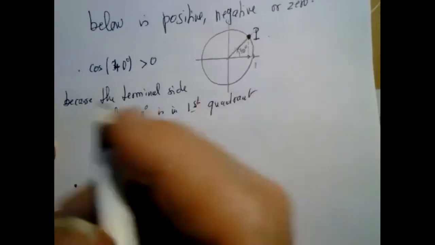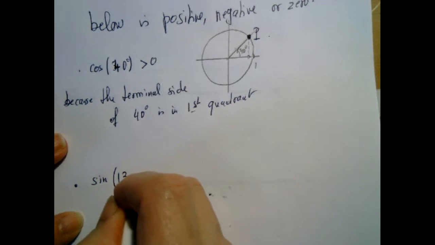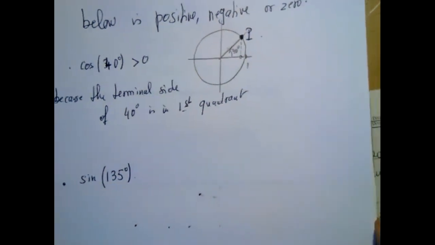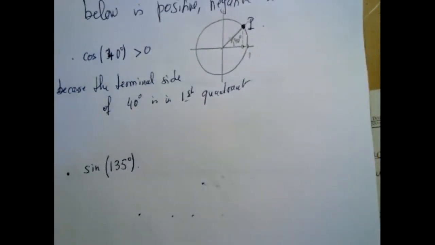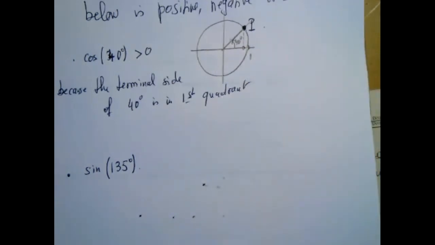Right? So let's take other examples. Let me take sine of 135 degrees. Positive, negative, zero. I want you to draw circles. I want you to get into the habit of drawing circles. Okay, I'm getting positive.